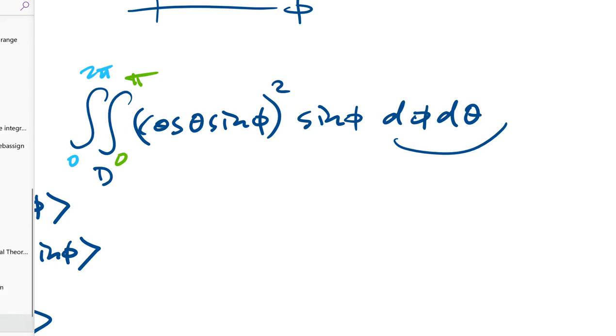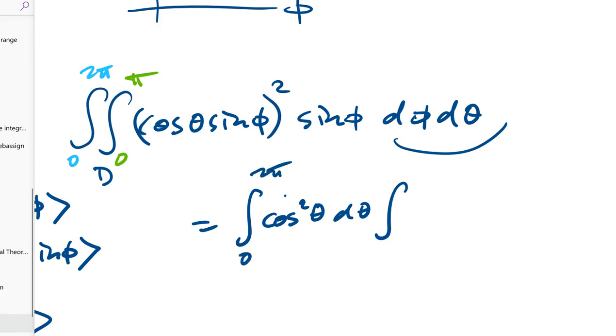You can actually split this up into the integral of cosine squared of theta d theta, from 0 to 2 pi, times the integral of sine squared phi sine phi d phi from 0 to pi.